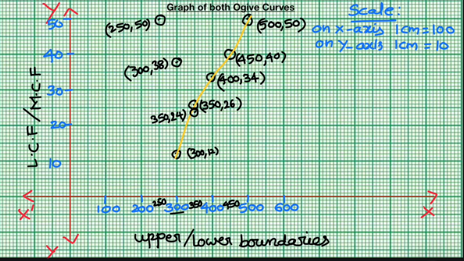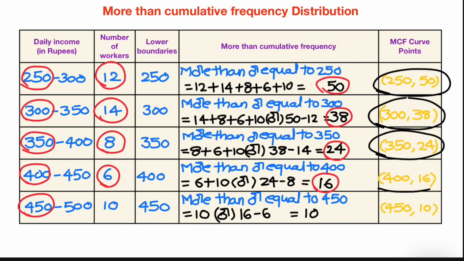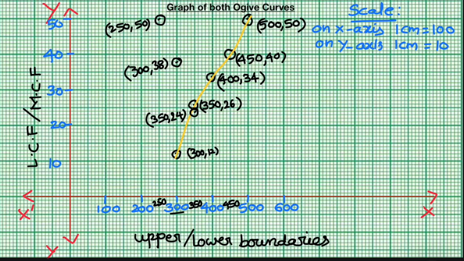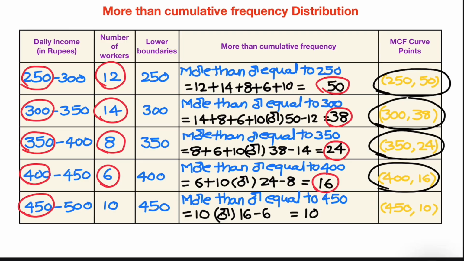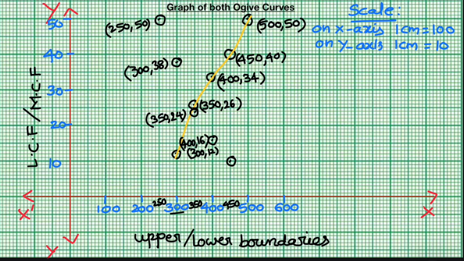This is here. Next fourth point (400, 16). This point is here. Last point (450, 10). This is here. Now I join all these points. This is the graphical representation of both ogives on the same axis.